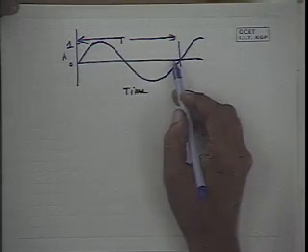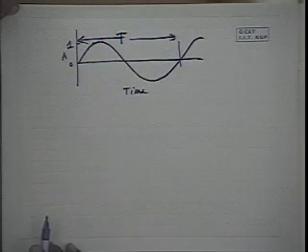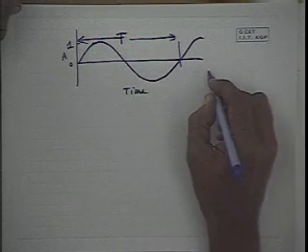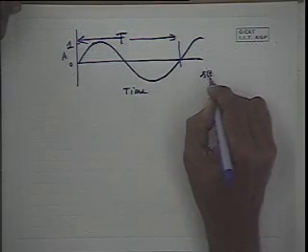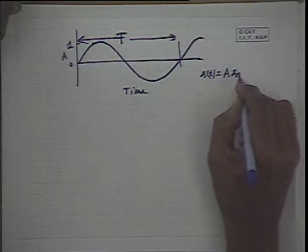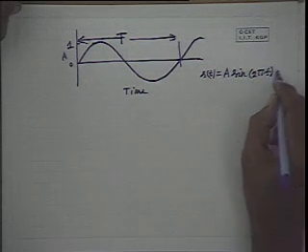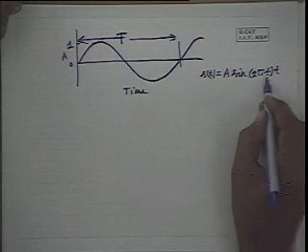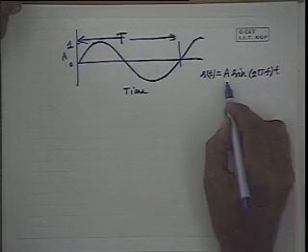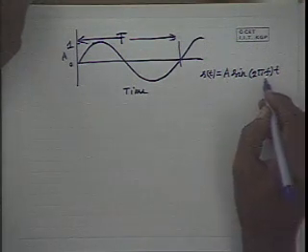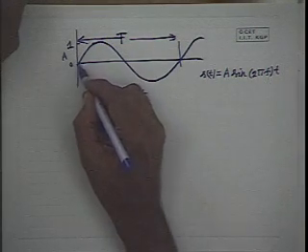Obviously the unit can be either seconds, milliseconds or microseconds, and sometimes it can be nanoseconds as well. Now in this case the signal is represented by s(t) is equal to A sine 2 pi f t. Here f is the frequency, A is the amplitude, and phase in this case is 0, because at time t equal to 0 it is 0.